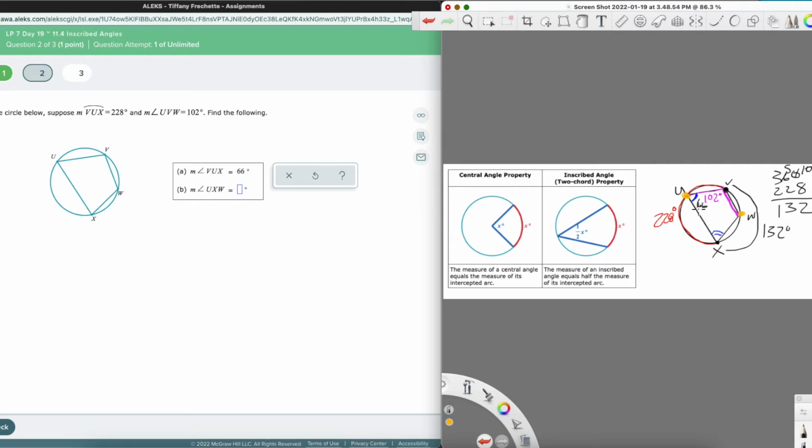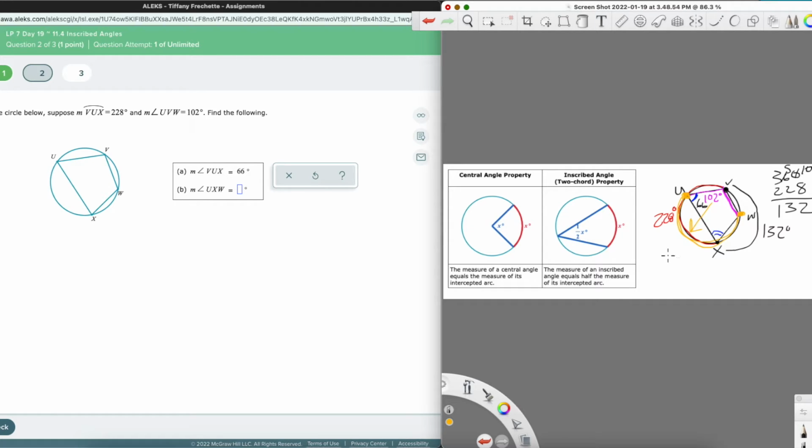Oh, I see it. Okay, took me a second. They gave me this angle here, right? The one I put in pink. Well, that's endpoint, endpoint. So I can go out to the arc. I just have to multiply by 2. So this arc here will be 102 times 2.